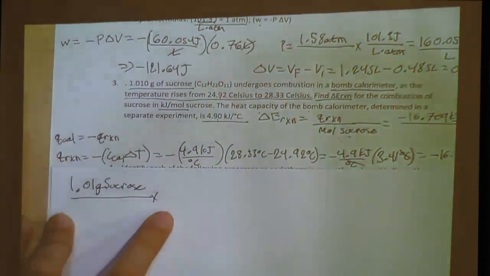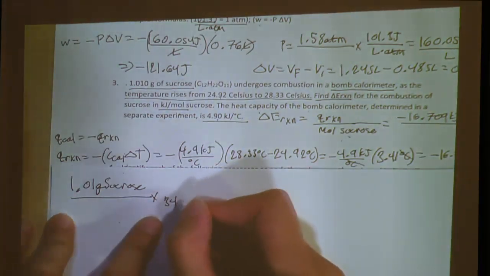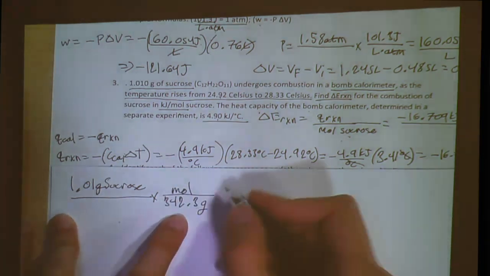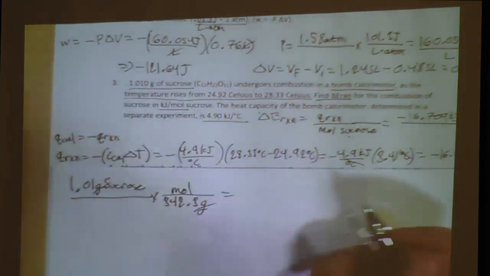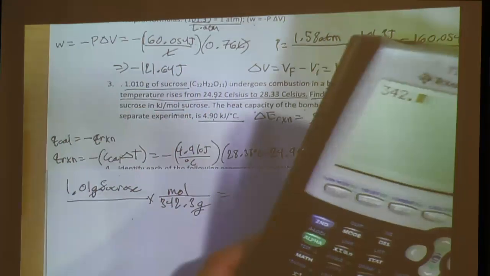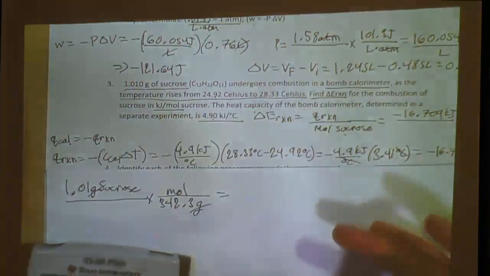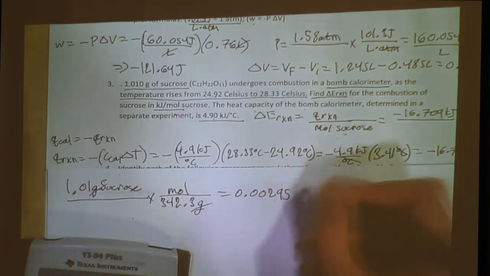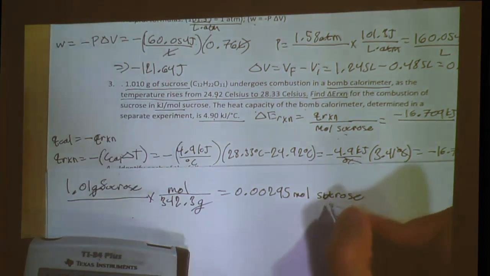The molar mass of sucrose is 342.3 grams per mole. Our units cancel, and that's going to get us moles of sucrose. So 1.01 divided by 342.3 is going to equal 0.00295 moles of sucrose.